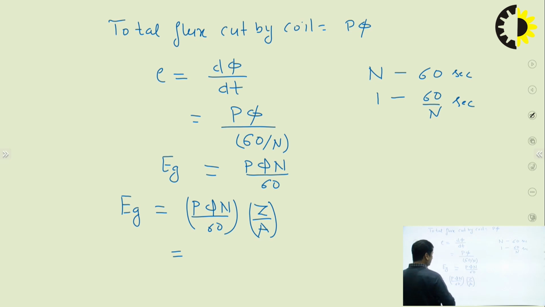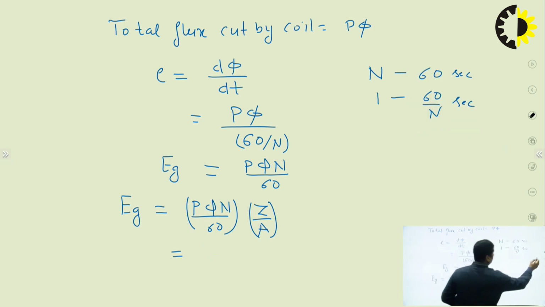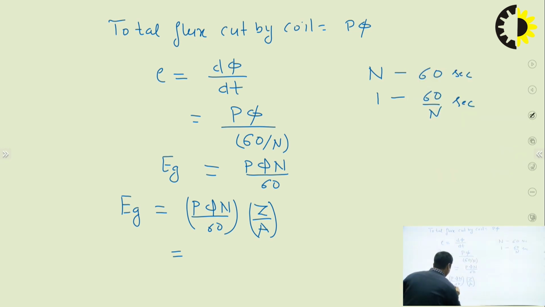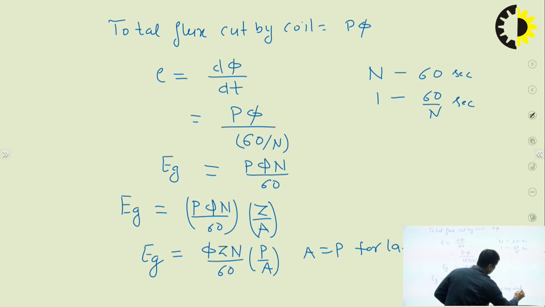So this equation can be written as phi Z N upon 60 into P upon A. This is the voltage generated in an armature coil in volt, where A is equal to P for lap winding, and A is equal to 2 for wave winding.